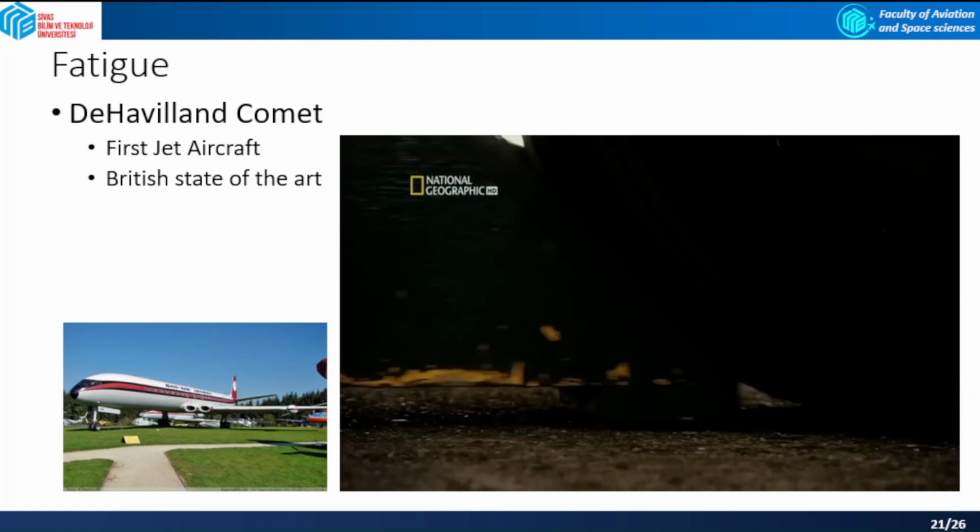Unfortunately, certain design choices made in the construction of the Comets led to fatigue and subsequent failure of the fuselage structure during flight. So it is again highlighting the critical importance of considering metal fatigue in the design and maintenance of aircraft structures, particularly those equipped with pressure cabins, which are operating at high altitude flight.